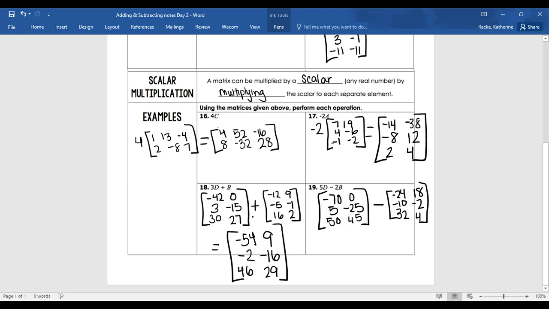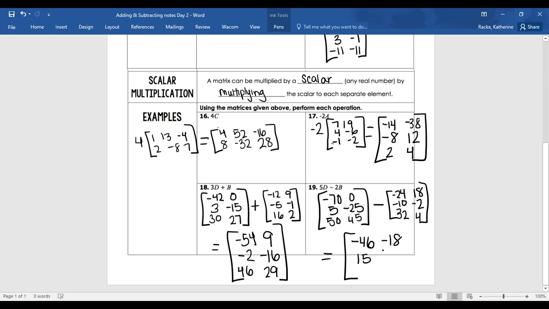So now I'm going to subtract these to get my final answer. Negative 70 minus negative 24. So that would be negative 70 plus 24 to give me a negative 46. 0 minus 18 gives me negative 18. 5 minus negative 10, so 5 plus 10 gives me 15.